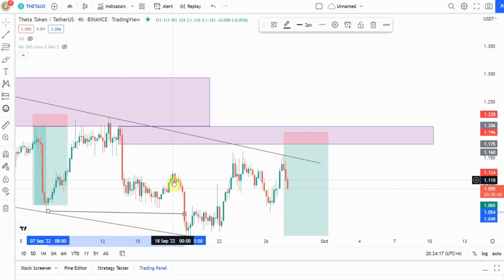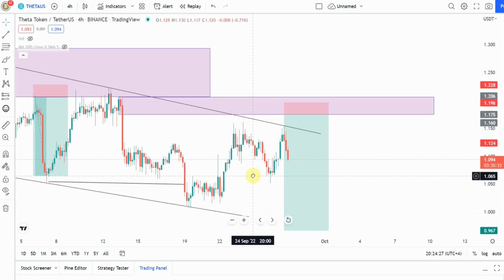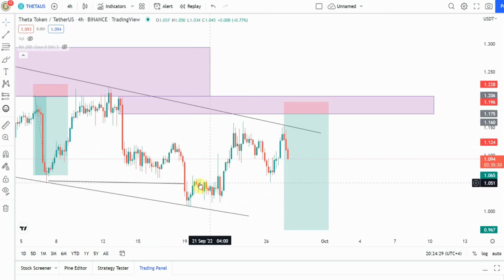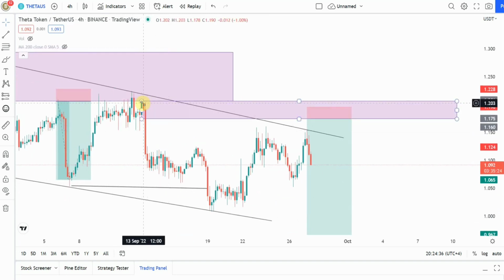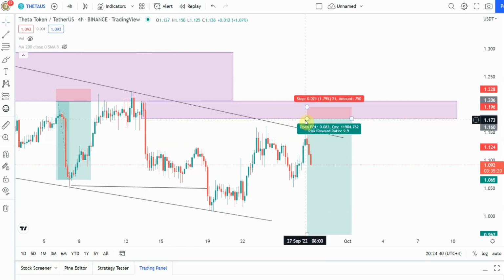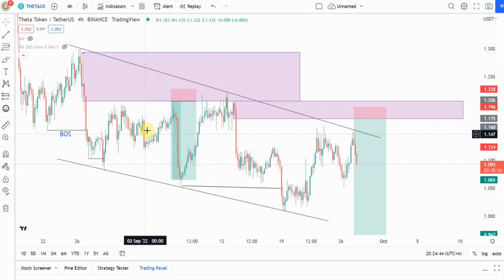This is the last buying candle, but there is no strong imbalance here, so this order block cannot be used, and this one cannot be used because there is no break of structure here. So the only order block, and where to find my order block, is here, and that is why you can place your entry here.